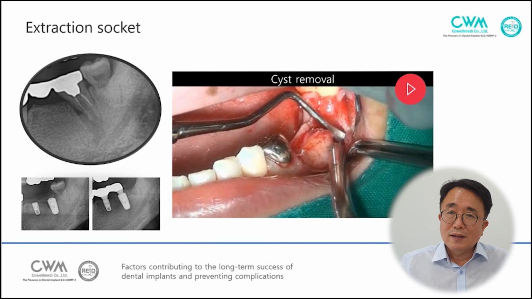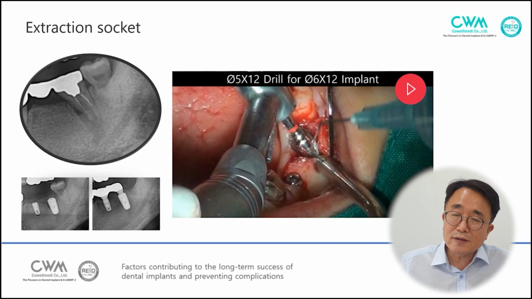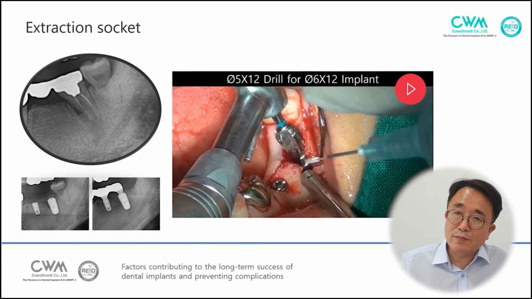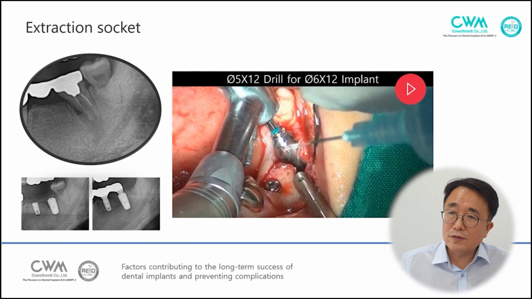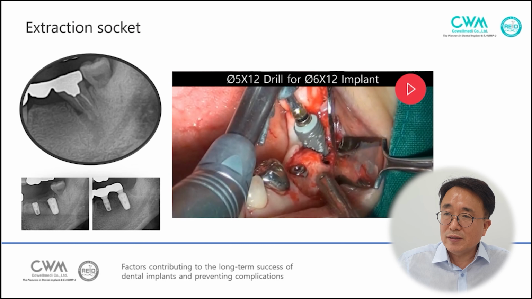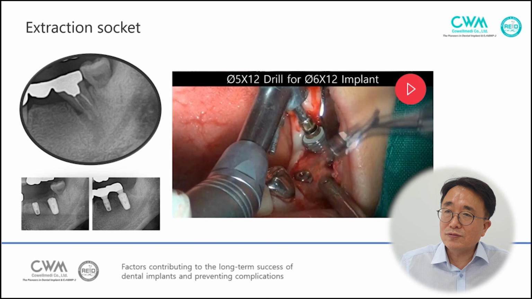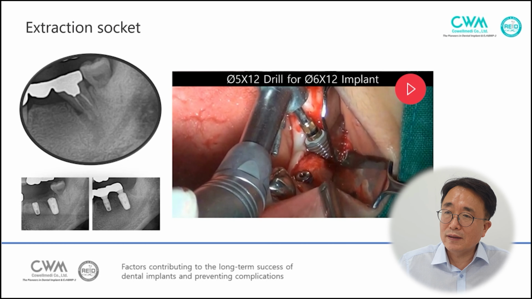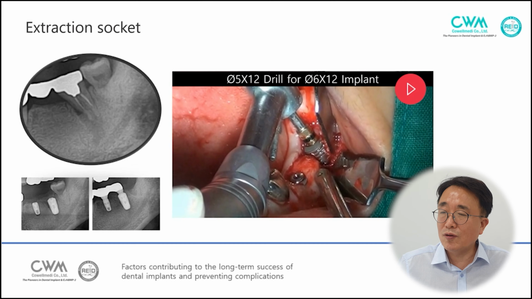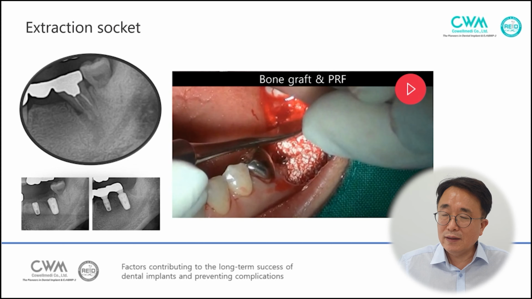Insertion socket. This socket had osteomyelitis, and the bone marrow bone was removed. So this bone marrow was empty. So only a diameter 5 drill was used, and a diameter 6 implant was placed for compressive implant placement, and then bone grafted.